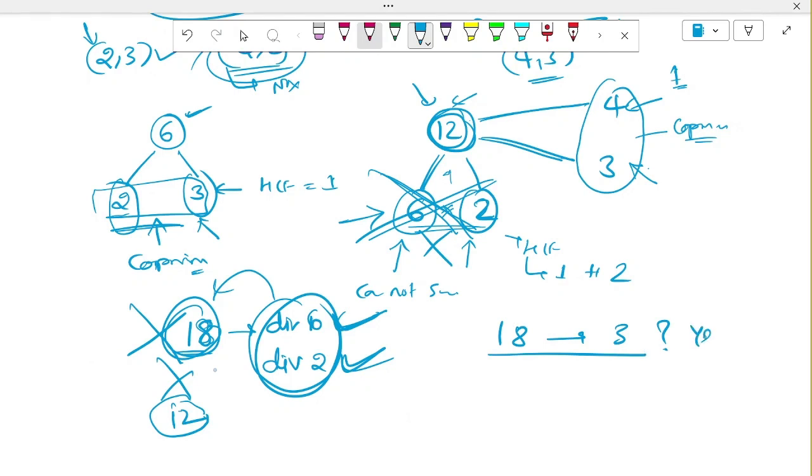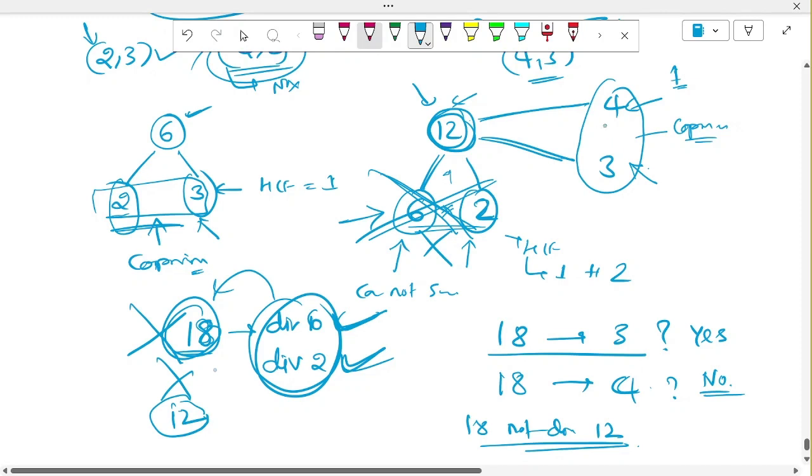Yes, it is divisible. Next, is 18 divisible by 4? No. Therefore, I can say that 18 is not divisible by 12. So you will require co-prime numbers to check divisibility of any number.